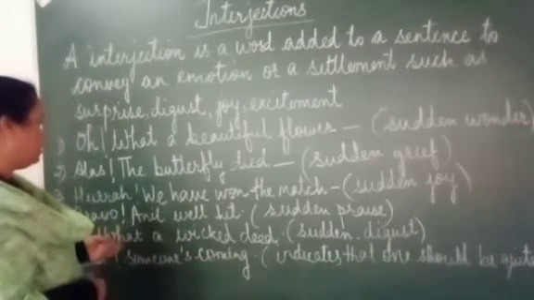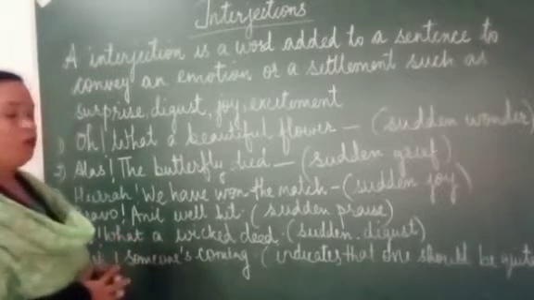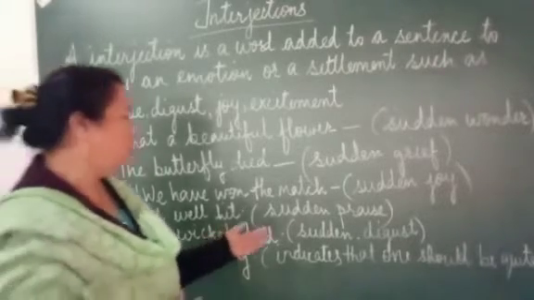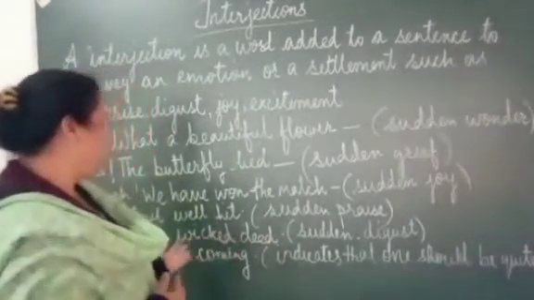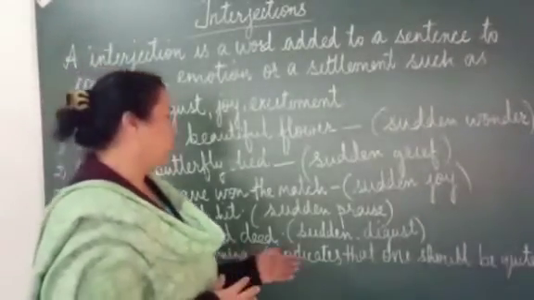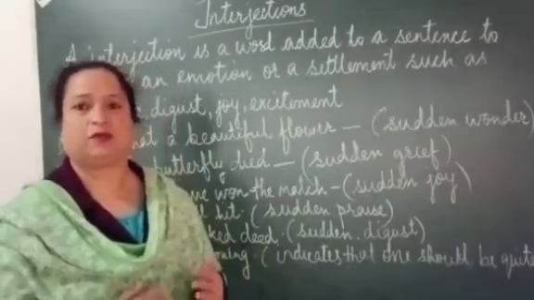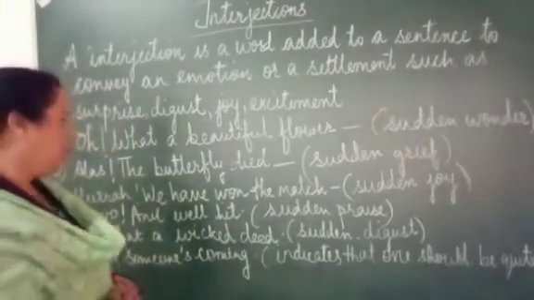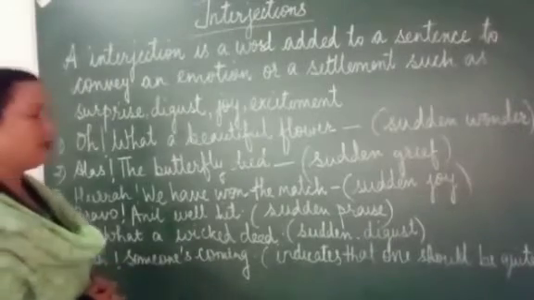Next children, we have oh, what a wicked deed. Now, oh over here once again is followed by an exclamation mark. And what does it express? It expresses sudden disgust. That means something you did not like, you did not expect to happen. Now children, the last one is hush, someone's coming.